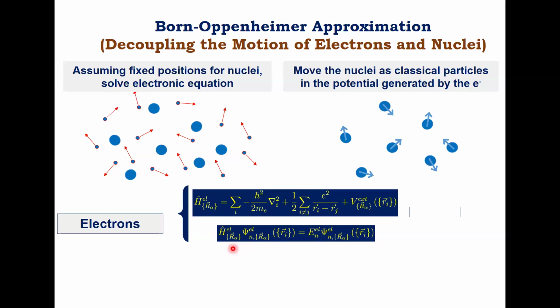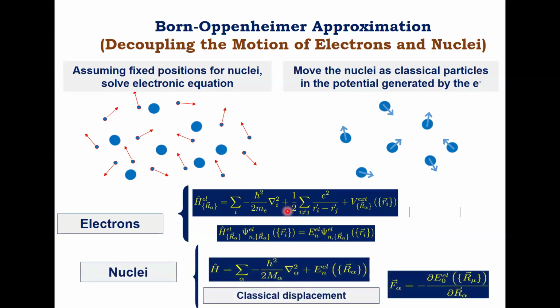So this is an H psi equals E psi kind of equation that has to be solved. And the nuclear equation is like finding the energy of nuclei and the nuclear interaction energy. This can be represented by the classical displacement. You can calculate the classical force on that particular nuclei in the field of electrons.